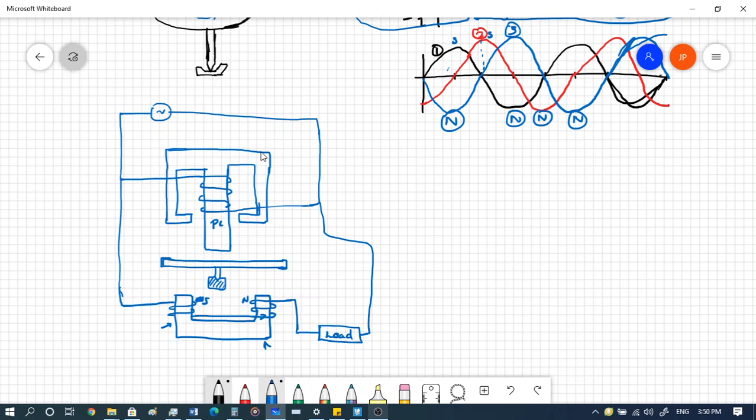And what we also have, instead of spring contacts, what we use is a braking magnet, right? So we use a permanent magnet in order to provide the controlling torque. So what we have is a permanent magnet placed over here, which will give the controlling torque.